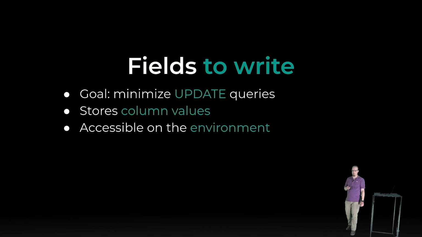The next data structure we're going to look at is the to write thing, fields to write. What's the goal of this data structure? Essentially, imagine you have a model with 10 computed fields.